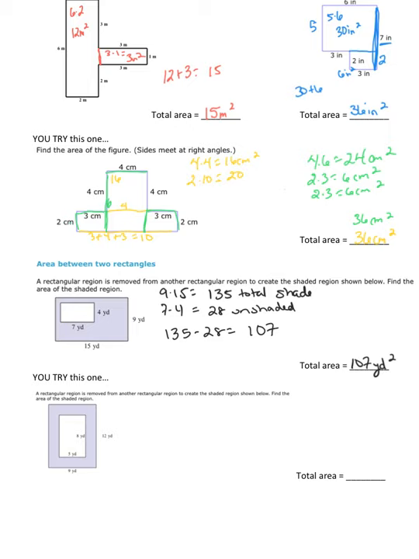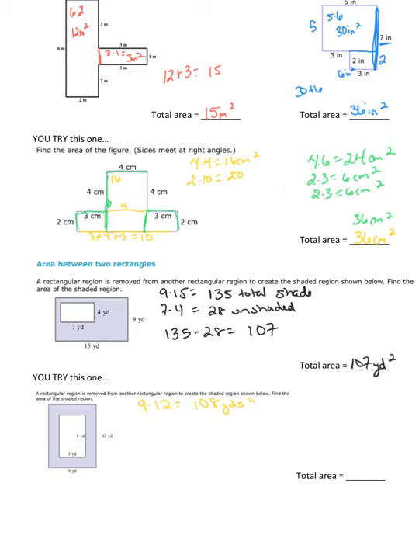All right, I'm going to do this one in yellow. So you've got a rectangular region removed from another to create the shaded region. Find the area of the shaded region. So you've got 9 times 12, which is the complete region. And that's 108 yards squared.